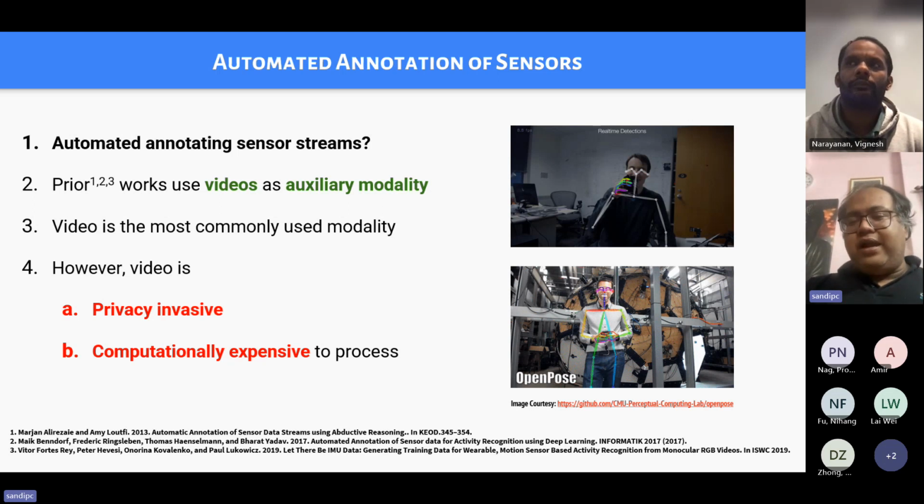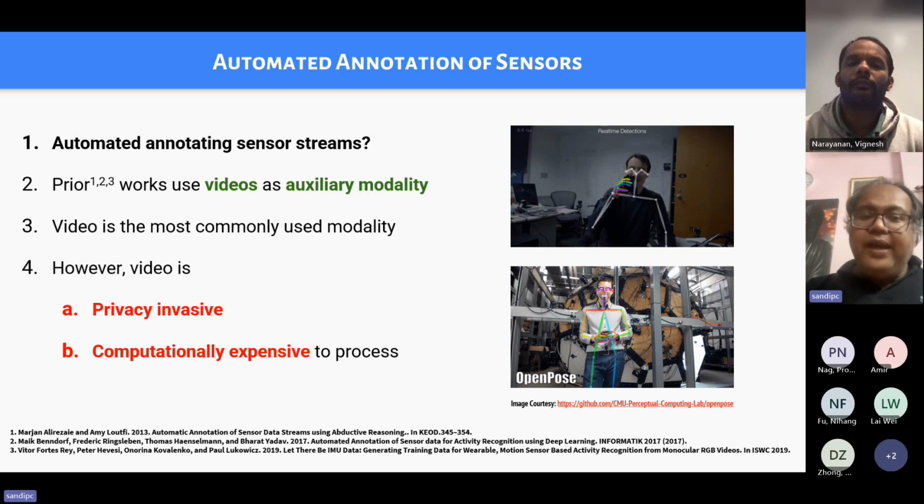You have certain kinds of wearables through which you are collecting the activity or gesture data, and then you are trying to label that sensor data. The wearable sensors might be an accelerometer, a gyroscope, or that kind of sensor, and then you apply them for human activity recognition. So the broad question we ask is how we can do automated annotation of the sensor streams.